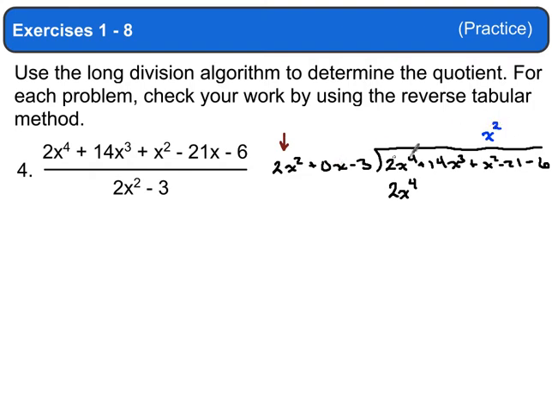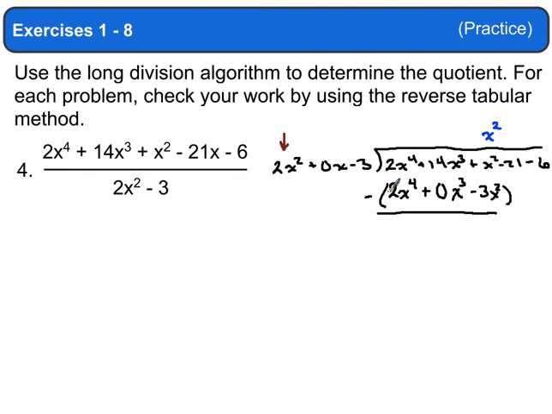X squared times 0x is going to be positive 0x to the 3rd, and then x squared times negative 3 is going to be negative 3x squared, right? And so we put a minus sign, we draw a line, this will go away. 14, is that what I wrote?